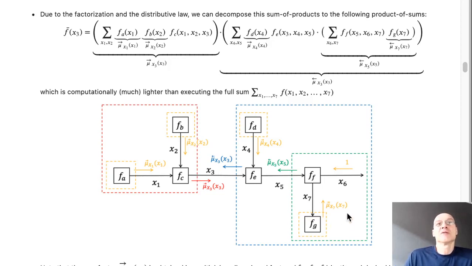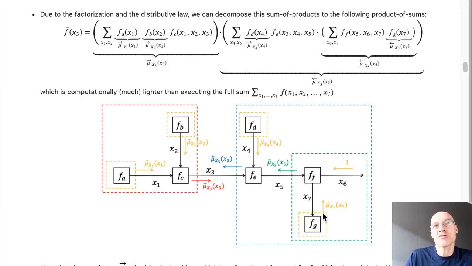Now, note that once I close this box, it becomes a new node and it's only a function of x5. I could just not draw this box, and then I just see this arrow here. And how is this arrow computed?